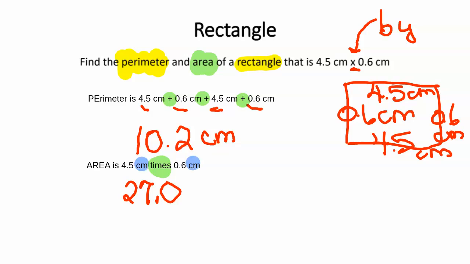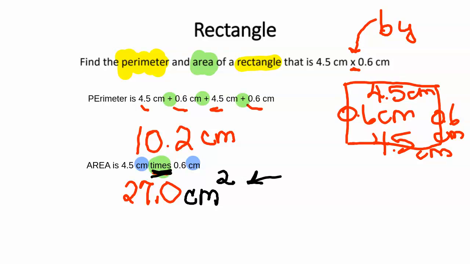I've got two of them, and I am multiplying, which means that my answer is going to be centimeters squared. This has a little 2 because I'm multiplying the numbers.